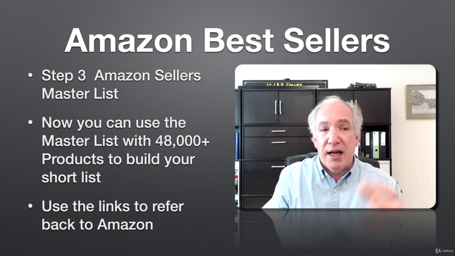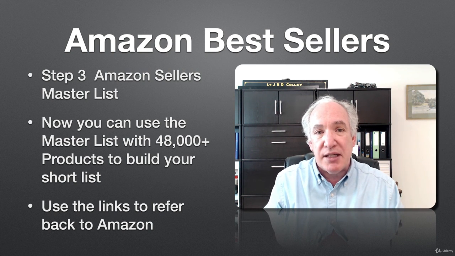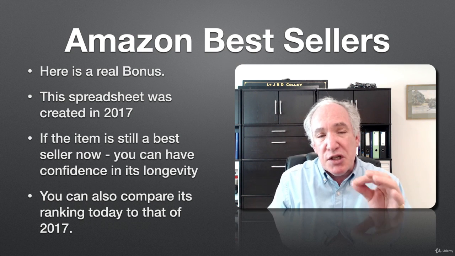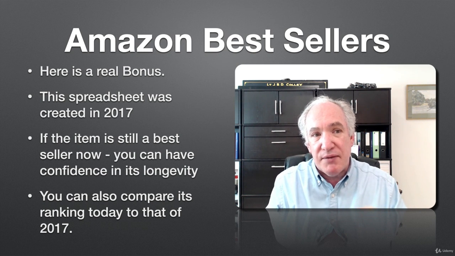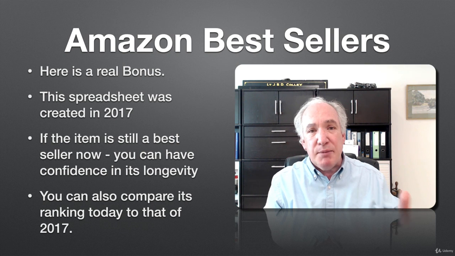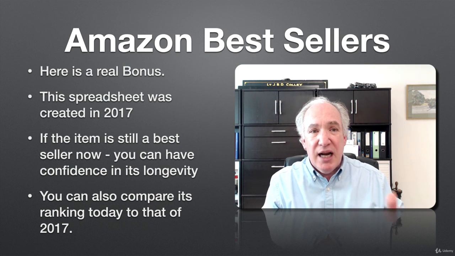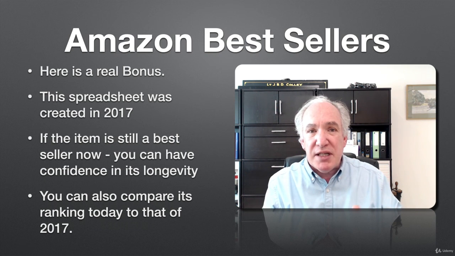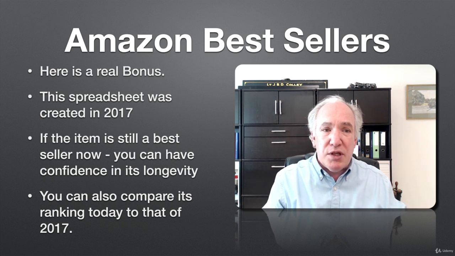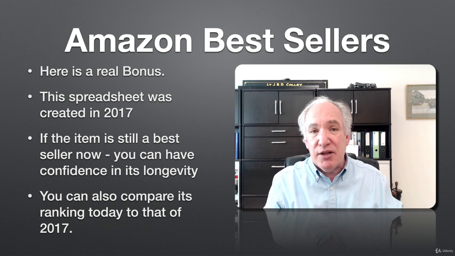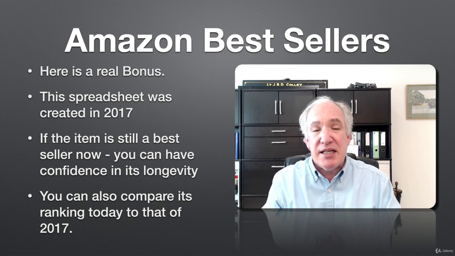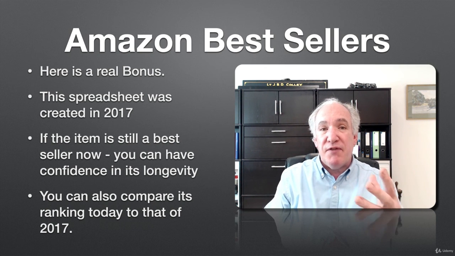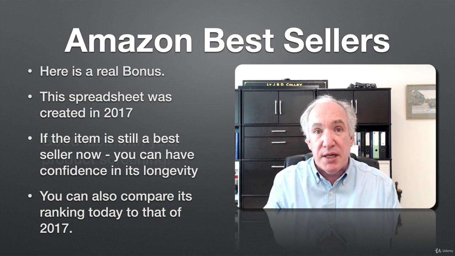You can use the links to go back and see what the listings are looking like today on Amazon. And this is the real bonus. Because the spreadsheet was created in 2017, you've got a time series analysis on your hands. If the item is still a bestseller today, then you can have confidence in its longevity. You can also compare its ranking today to that of 2017 and see whether it's gone up, down or sideways. You've got this comparative data, which is very valuable, so make sure you use it.